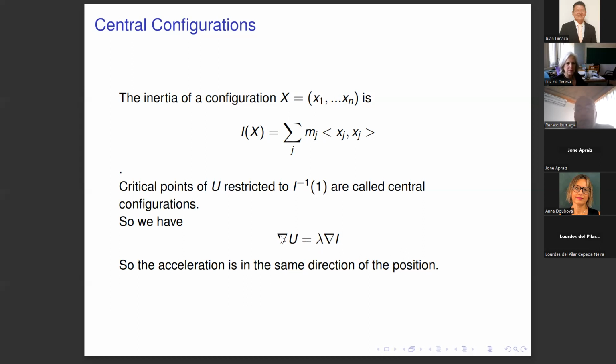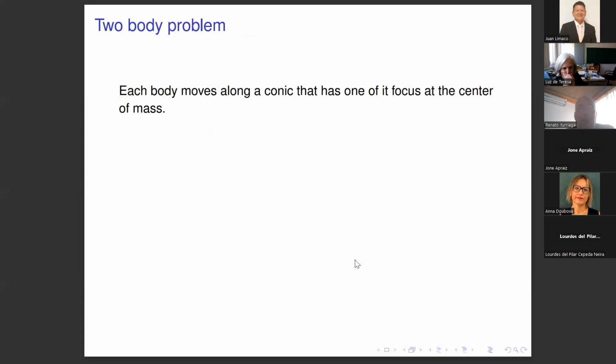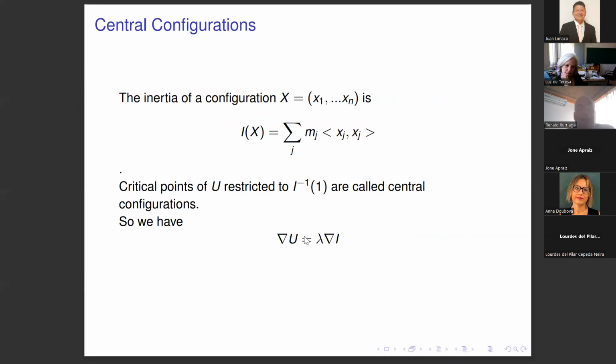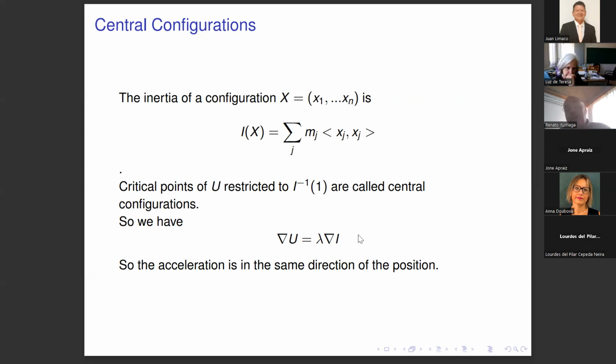So this gradient of U, like I told you before, is the acceleration times the masses, and here we have the masses coming from here. Okay, so central configurations means that the acceleration is in the same direction as the position.